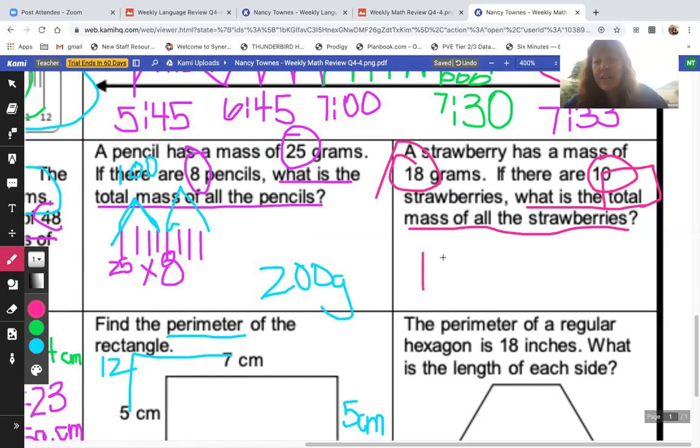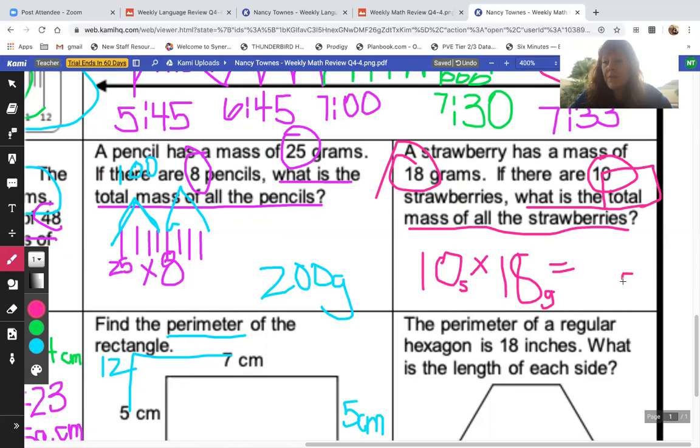There are 10 strawberries, and I could actually draw 10 strawberries if I was better at drawing on this computer screen and I had more room. But I'm just going to put 10, and then it's going to be times 18 grams, right? And you could label them if it is easier for you. I'll put S for strawberries, and we want to find out how many grams.